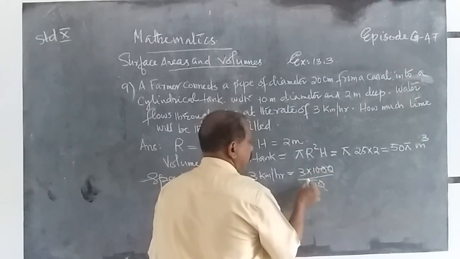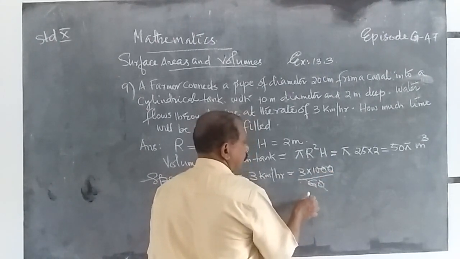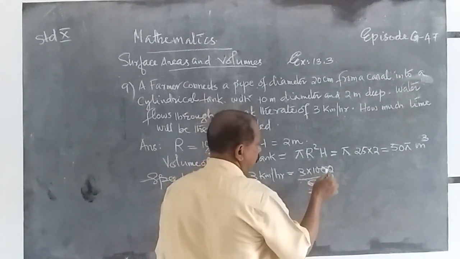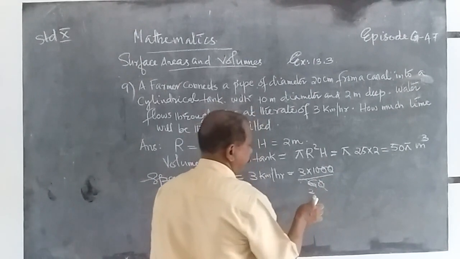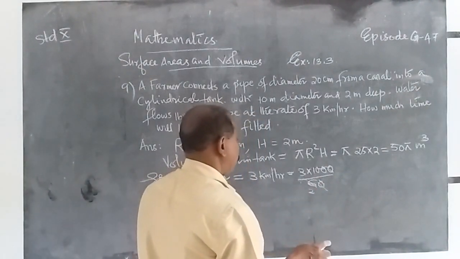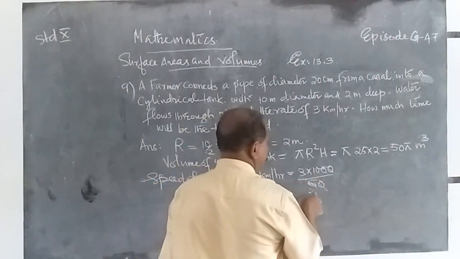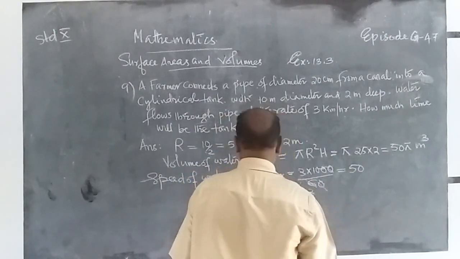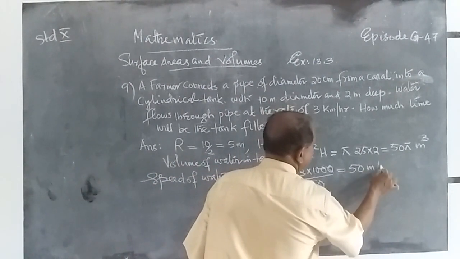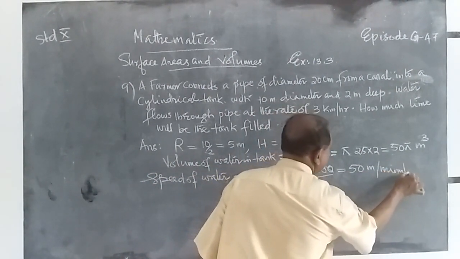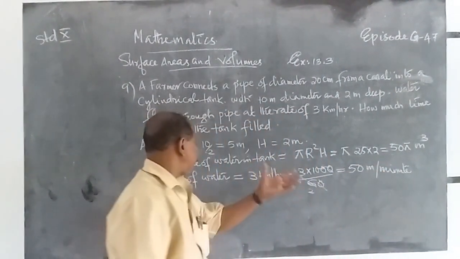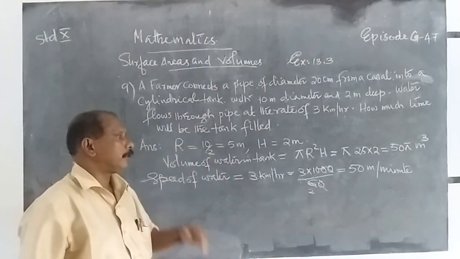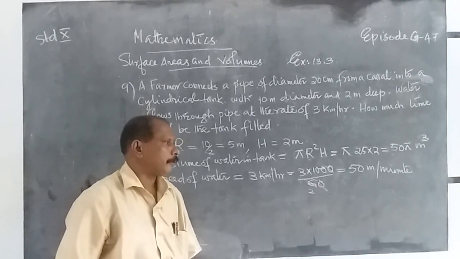Cancels. 6 and 3 cancel. That is 50 meter per minute. That means in 1 minute the length of the water flow is 50 meter.